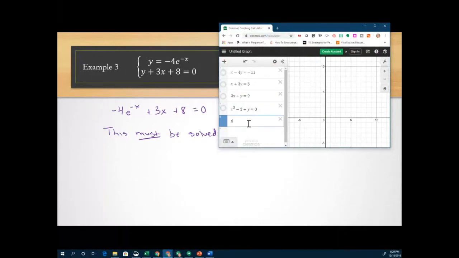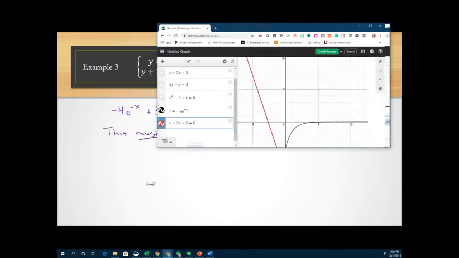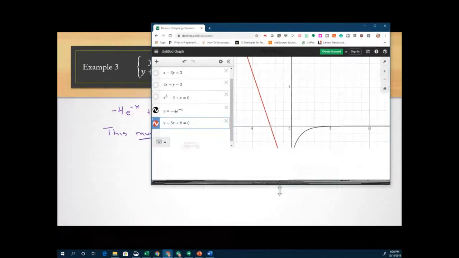So I have y equals negative 4e, and then in the exponent negative x, and then y plus 3x plus 8 equals 0. Okay. And now I'm going to make this a little bigger.